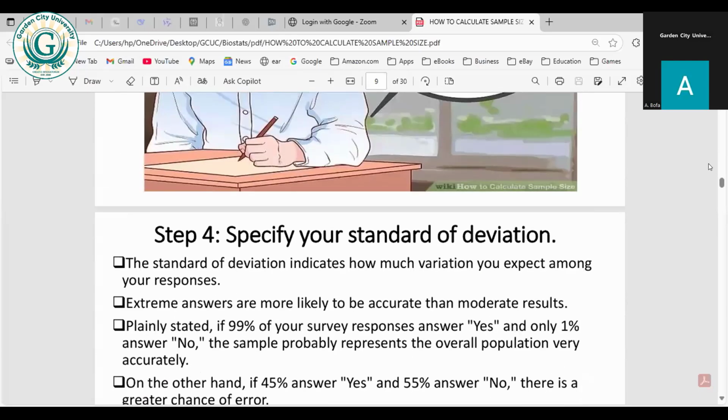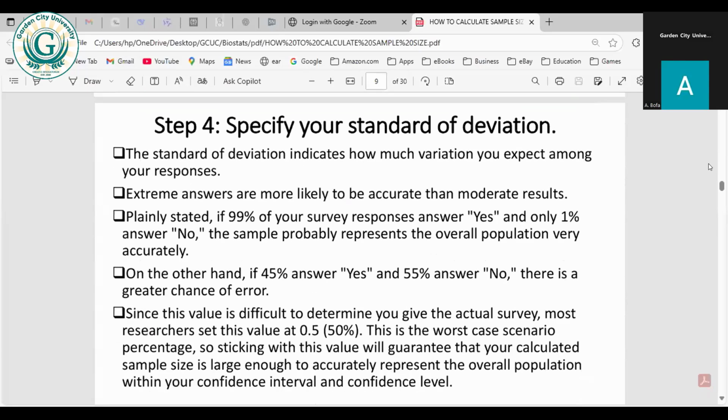So the next thing that you also need is what we call the standard of deviation. This is not standard deviation. This is standard of deviation.